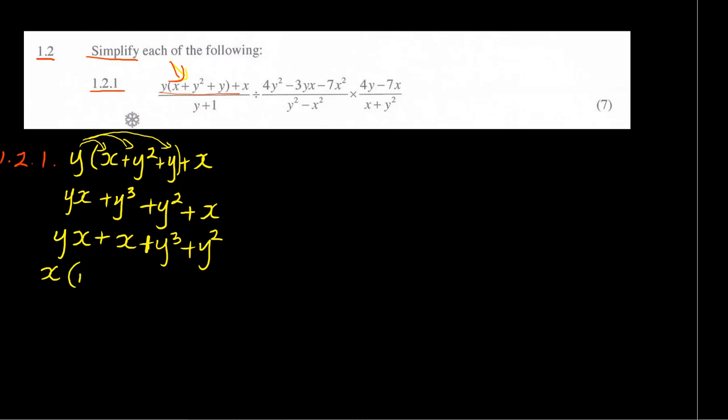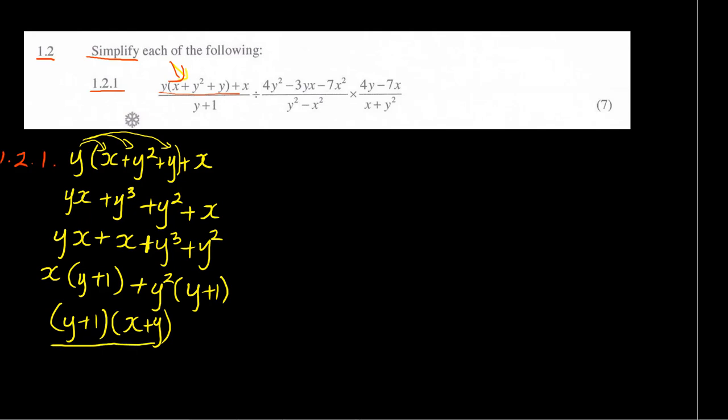In the first one I've got y plus 1, and then in the second one I've got y squared as the common factor, which is y plus 1. So now after factorizing, I've got y plus 1 and x plus y. So this is the first simplified version of this particular part.